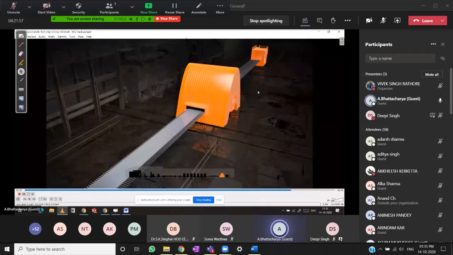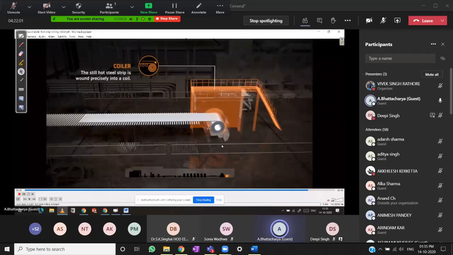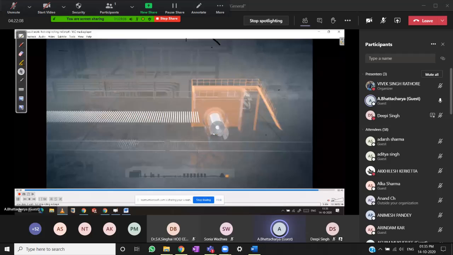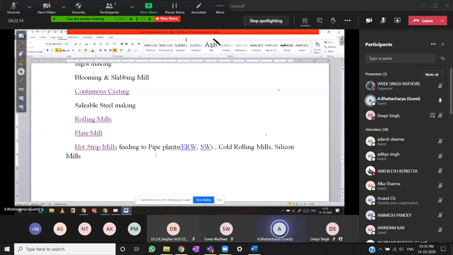You can see the coil. Now this coil is the incoming material for many other units. So from hot strip mill, you get coils.